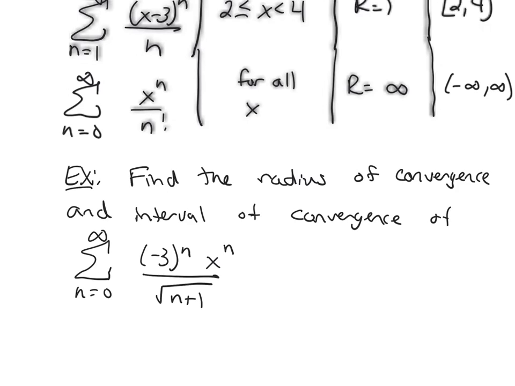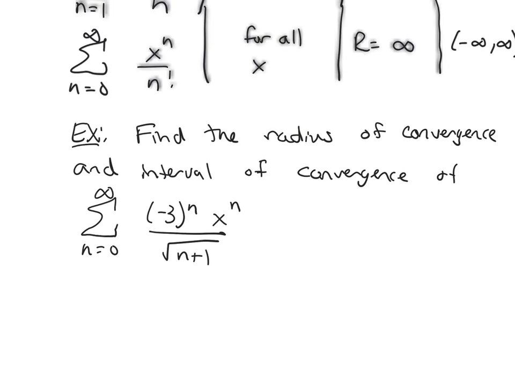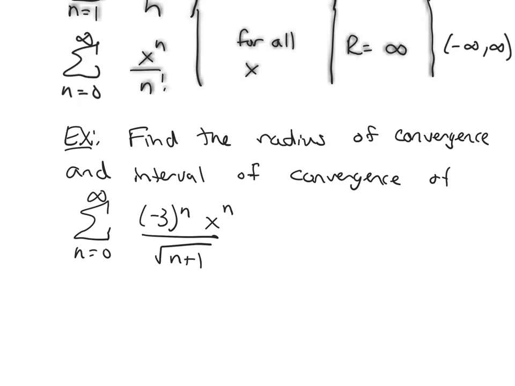So the ones I did last time, when I was trying to figure out if it converged or diverged, I said we always go with the ratio test. So let's do that. a_(n+1) over a_n.